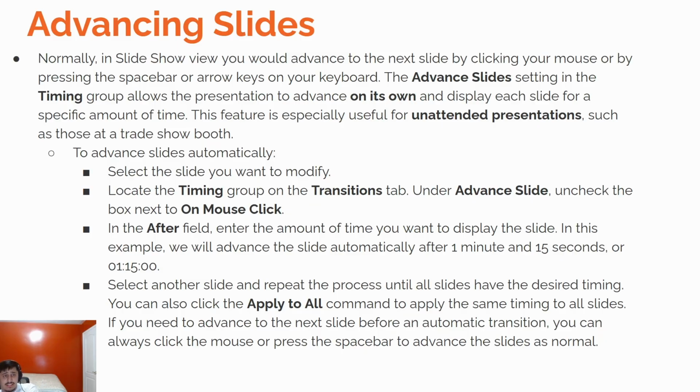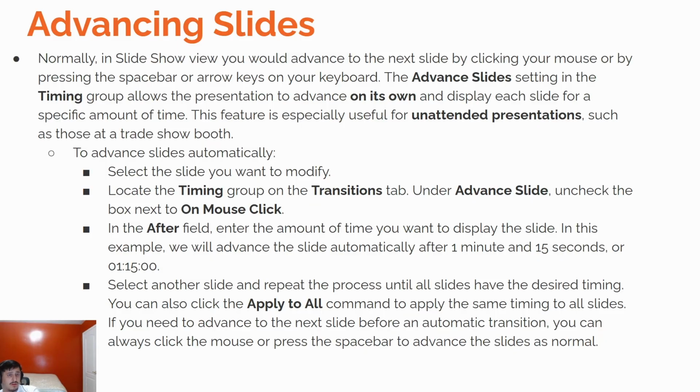The advance slide setting in our timing group allows the presentation to advance on its own and display each slide for a specific amount of time. This feature is especially useful for unattended presentations, such as those at a trade show booth, right? So maybe we don't want to actively be presenting, right? But we do want a slideshow to go.